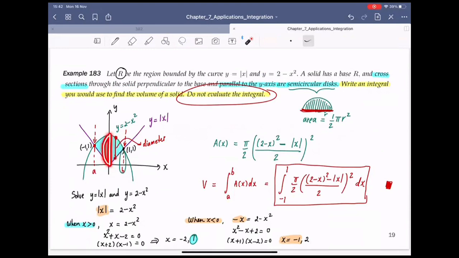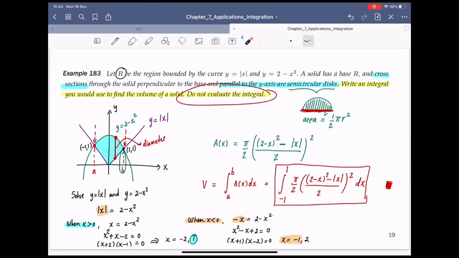Every x value that you cut, you're going to get a semicircle, right? So the length here is going to be your diameter, and the radius is half of the diameter.